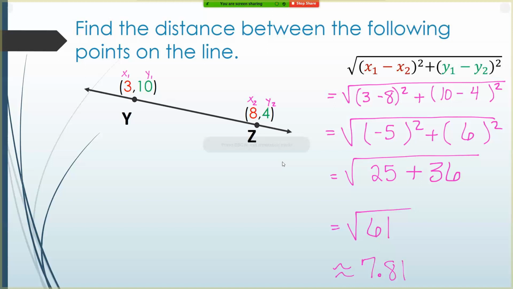If you type the square root of 61 in your calculator, you get this big long decimal. We always just go 2 decimal places, 7.81. Questions on this one?